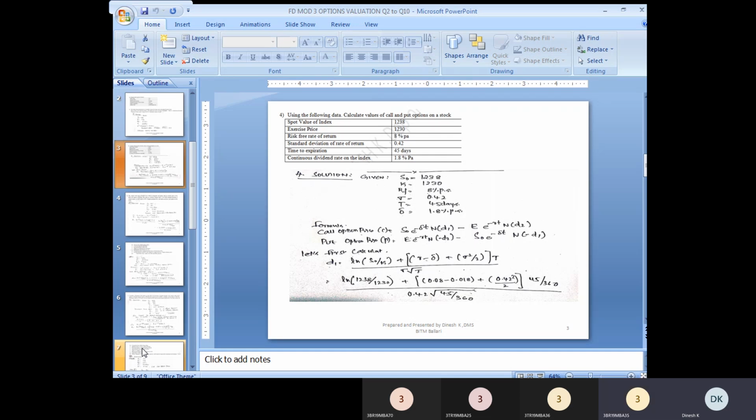How much are you going to get? 0.4247, sir. Okay, 0.4247. Similarly N of minus d2, 0.484, sir. Okay, good. Now you substitute the values in the put option and give the details.